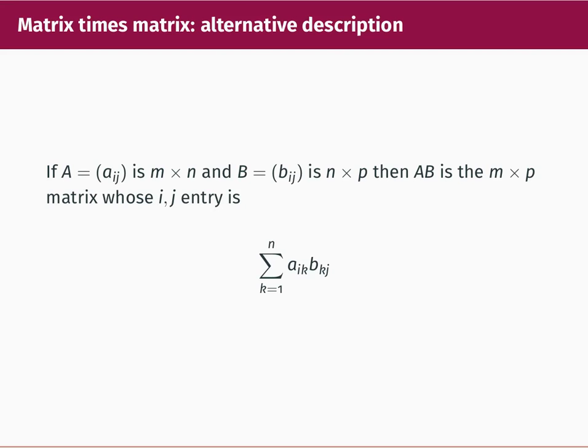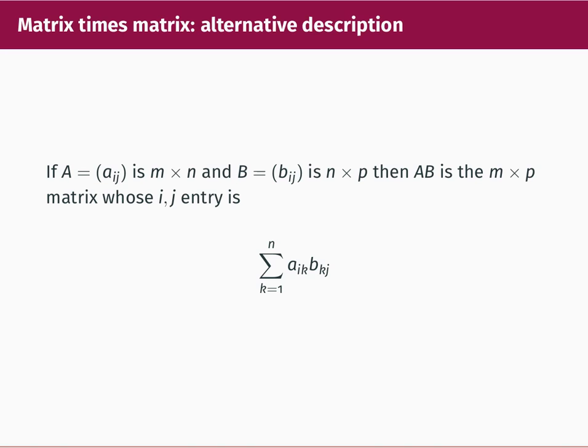All right, finally, there is a different way to describe matrix multiplication. This is exactly the same definition, just written in a different way. And this different way is useful for us, not so much for when we're doing actual calculations by hand, but rather when we're trying to prove properties of matrix multiplication. So here is that alternative description.